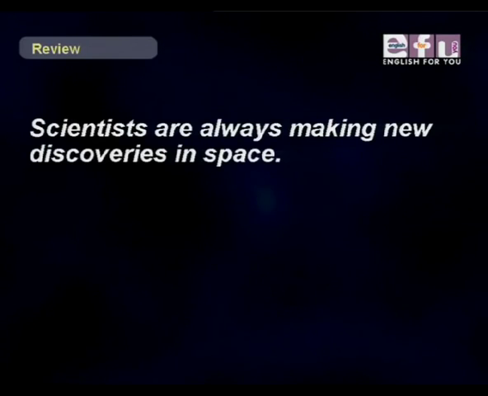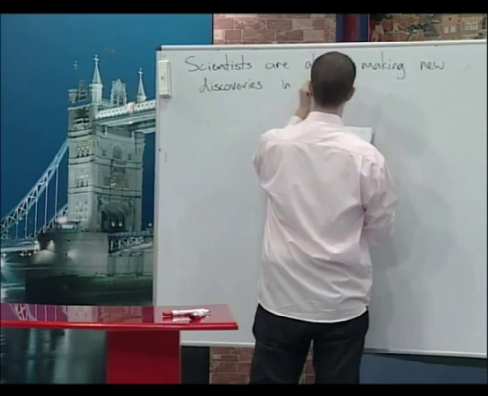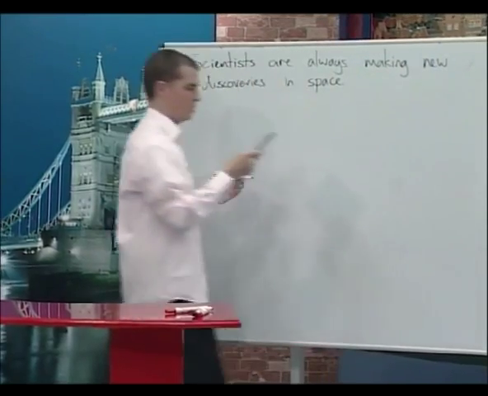Scientists are always making new discoveries in space. So that's the active sentence. You change it to the passive. Okay, it's not hard. New discoveries in space are always being made by scientists.